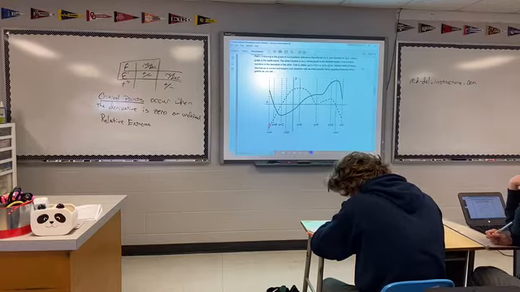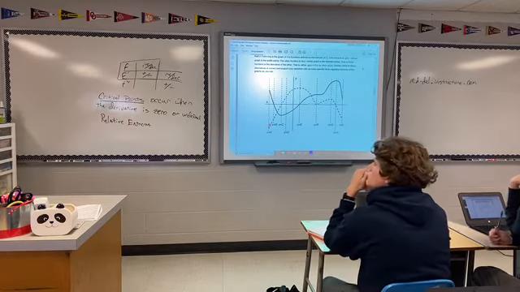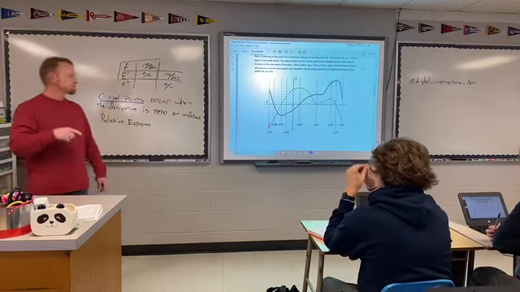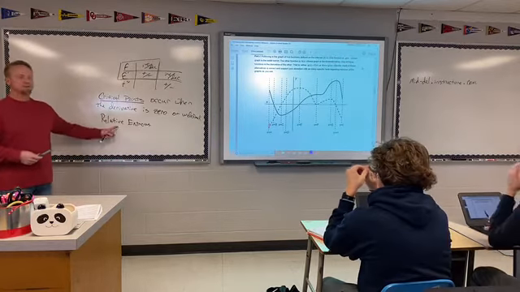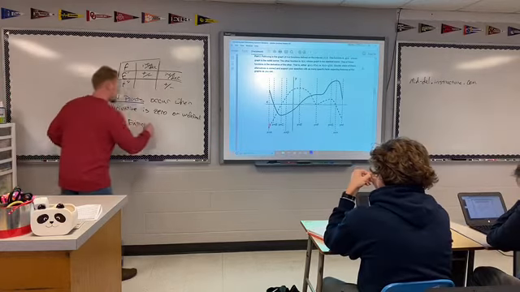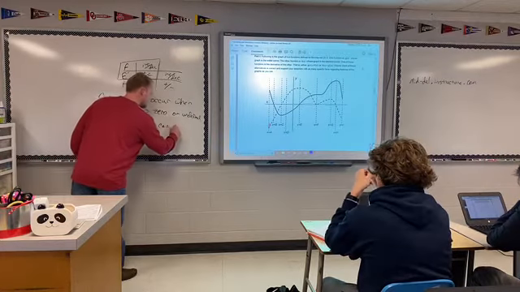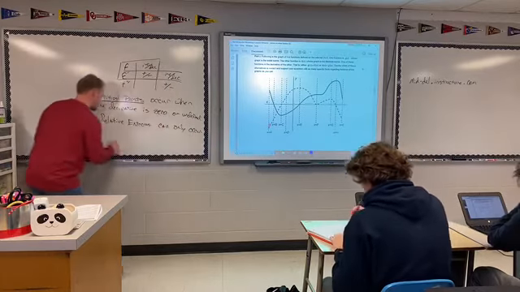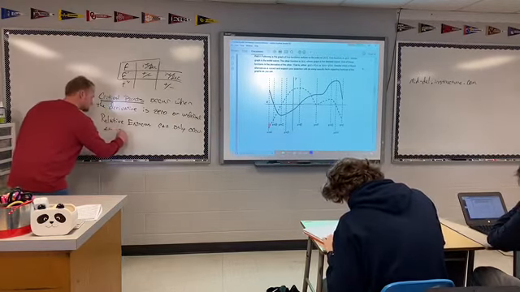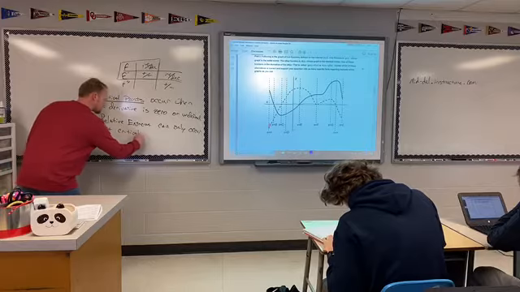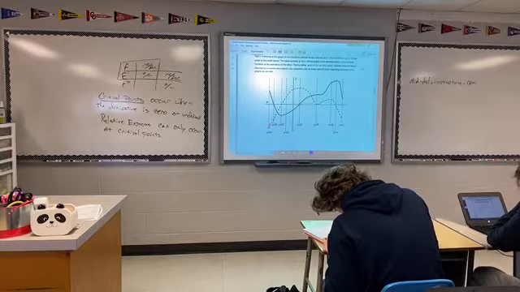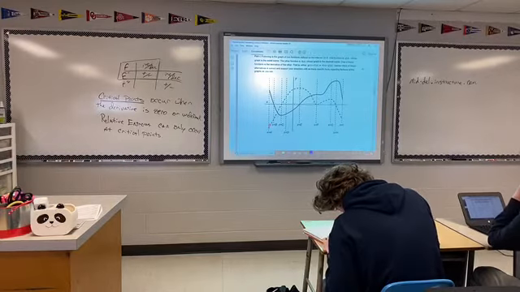How did we describe it? A hill, and minimums occur at valleys, okay? Relative extrema can only occur at critical points.